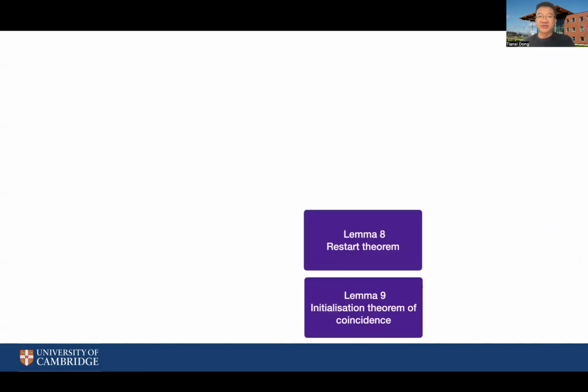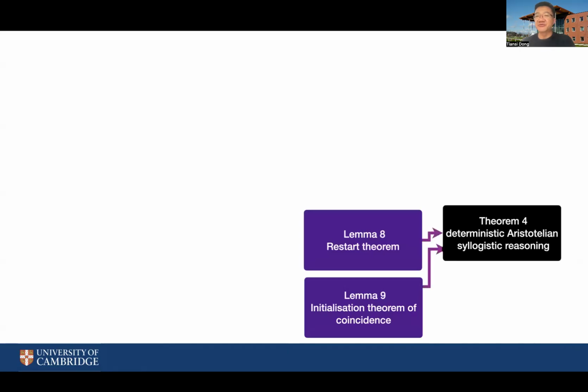So using this restart theorem and the initialization theorem, we have the first theorem, theorem 4, which says the sphere neural network can construct a satisfiable model correctly in one epoch.